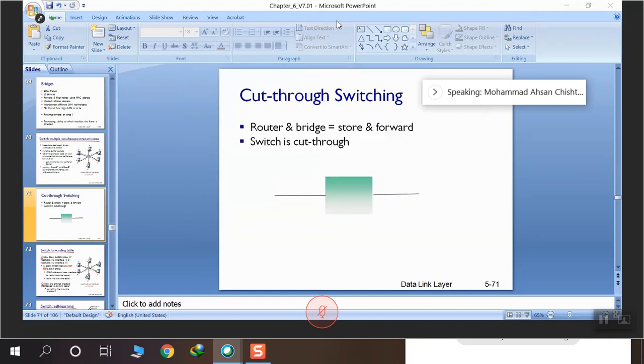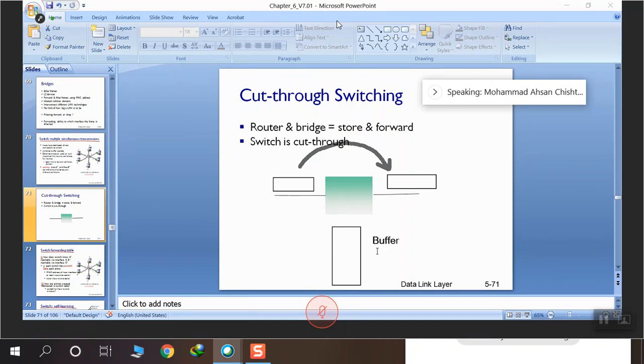But there are some things that we have to take care of here. If there is a packet which is already being transmitted on the other link and a packet comes from the inward link here, the switch cannot directly pass it on to the onward link because the link is already busy. In this case, the switch has to go to the buffer here and get saved.